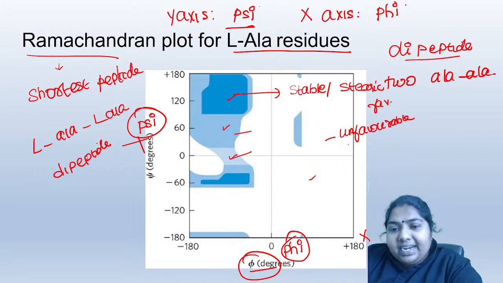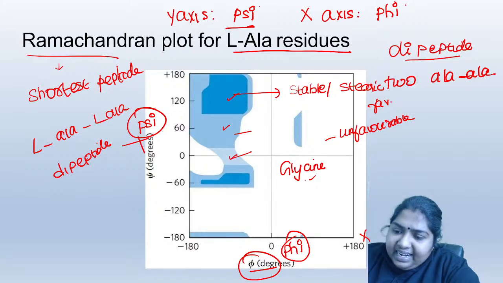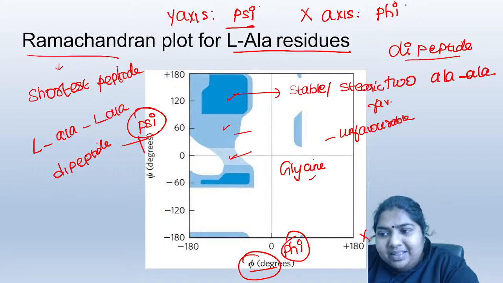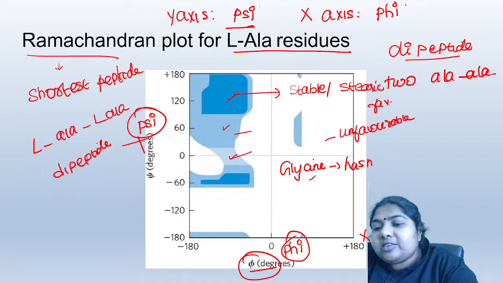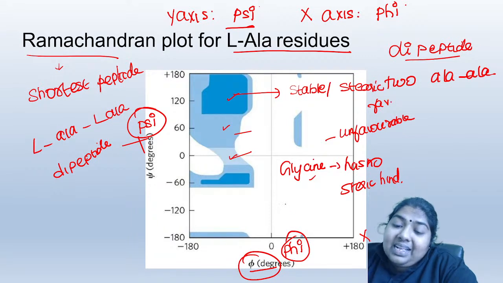And only one exemption, it is the glycine. Glycine can be found anywhere. It is not going to make an issue. Do you know why? Glycine has no steric hindrance. Why? It is a very small molecule, aliphatic, non-polar, and achiral.